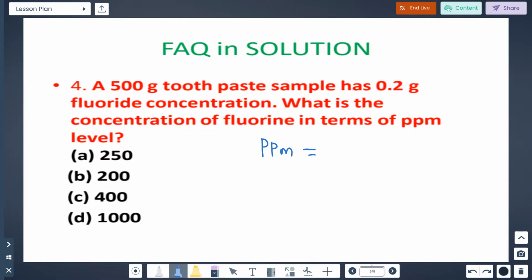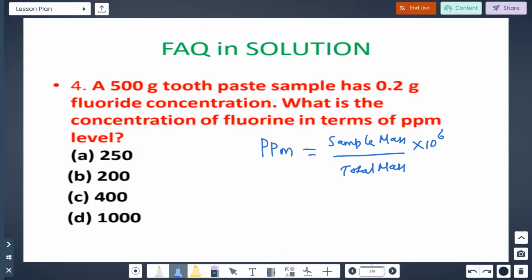So you have to compare 1 gram in 10 power 6 gram. Okay, that's called parts per million. So the general formula is sample mass by total mass into 10 power 6.